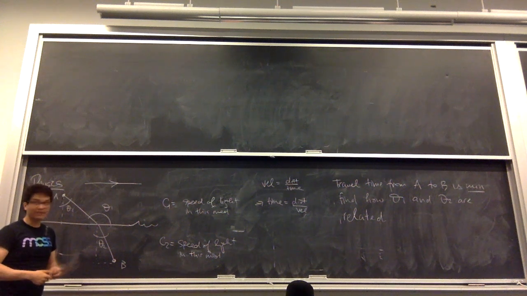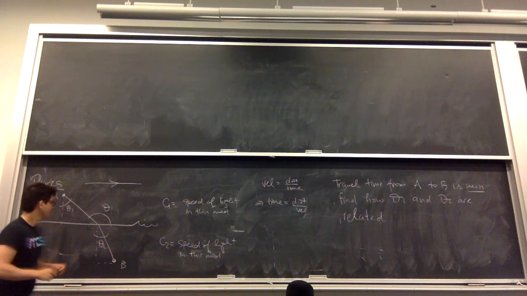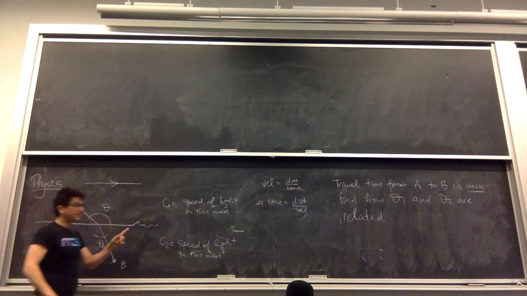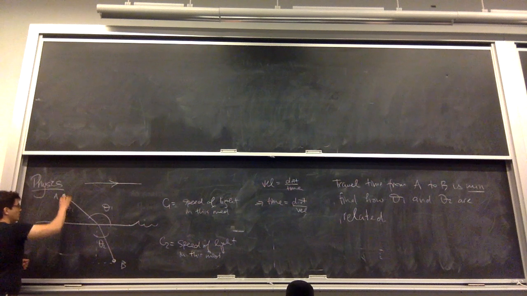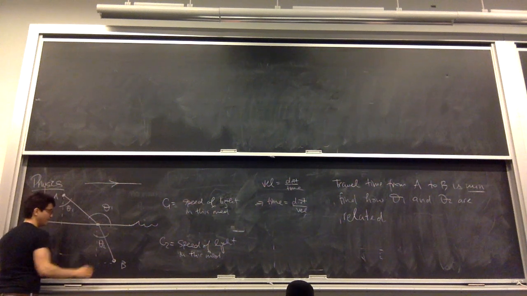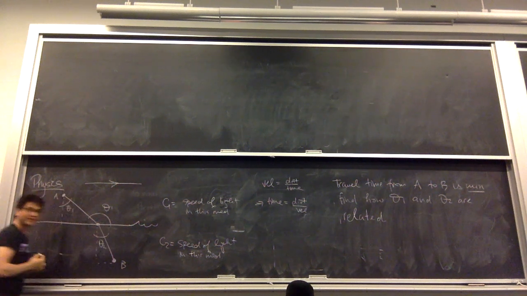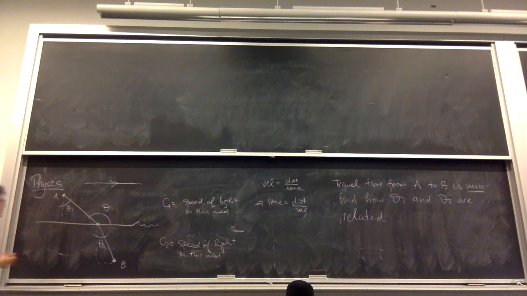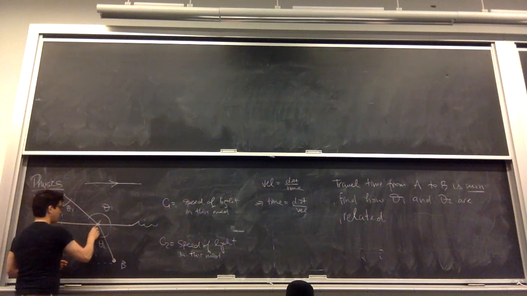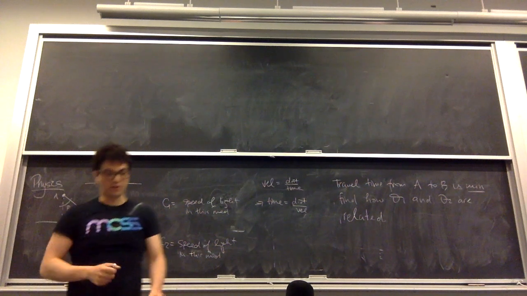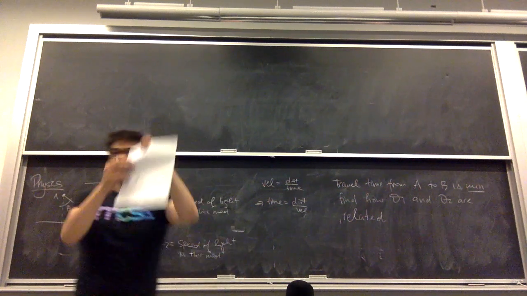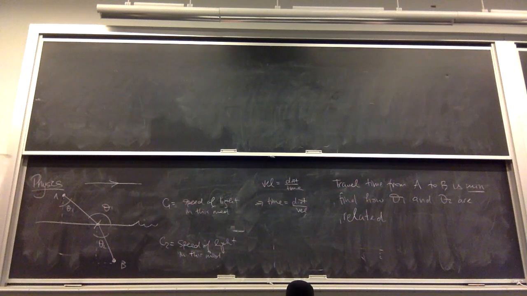So what is the travel time in this case? Well, we need to know distance and velocity. So we need this distance, and then we need this distance. So we've got to label a bit more. In my notes, you'll see that the picture I drew is half the size of the page, so I practice what I preach.